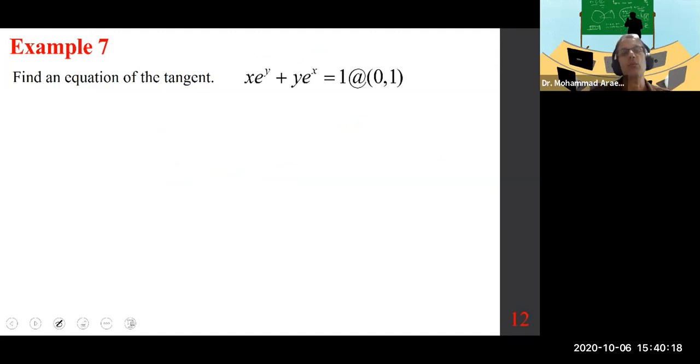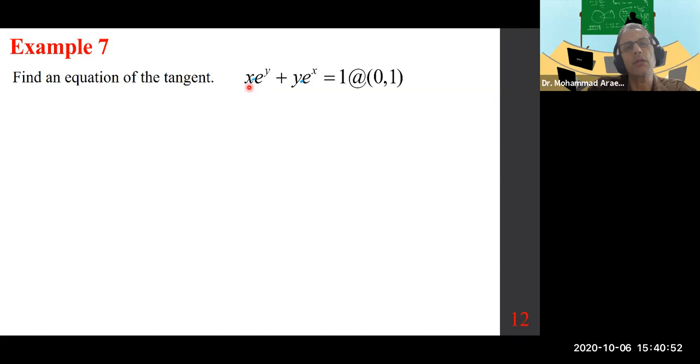Equation of a tangent line. We need two things. We need a pair. It's given. We also need the slope, which requires differentiation. So what we are looking at here, again, I put a raised dot. We are looking at the product rule for each case. The derivative of x times e to the power of y.